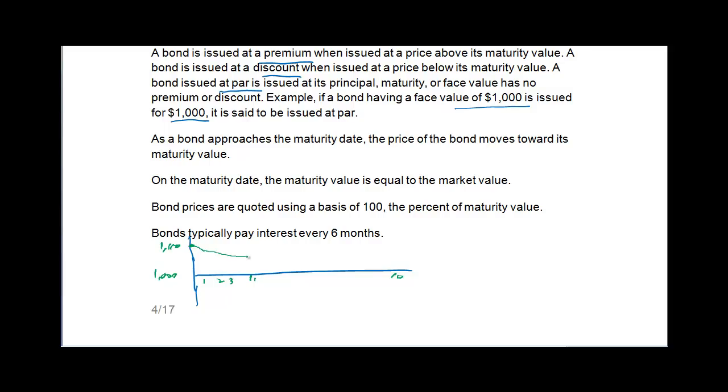Over time, the price of the bond is going to zoom down to the maturity amount on the maturity date at 10 years' time. Likewise, if it's sold at a discount, it'll do the same thing to kind of close in on that maturity price.